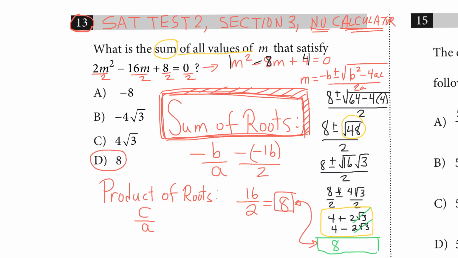They could easily change sum and ask for product. Okay, so the product is c over a. So in this case, c is 8, the constant, and the leading coefficient is 2. So 8 over 2, that would be 4. So if I were to multiply this answer here, 4 plus 2 square root of 3, times its conjugate, 4 minus 2 square root of 3, I would get 4.